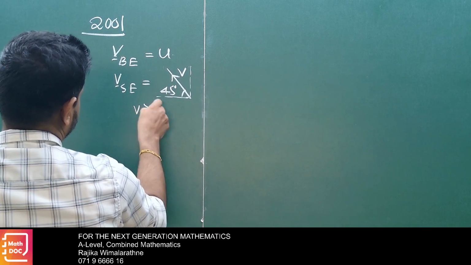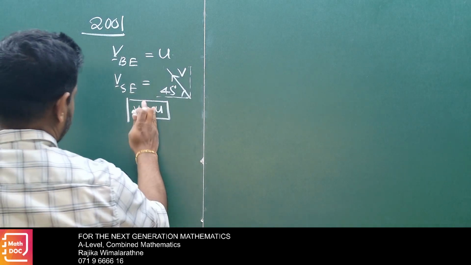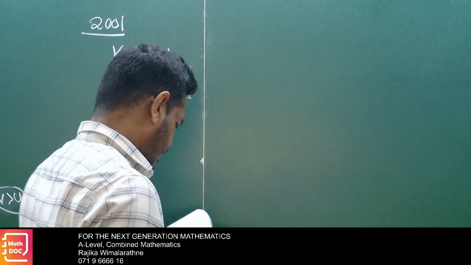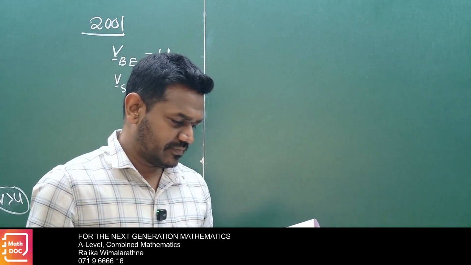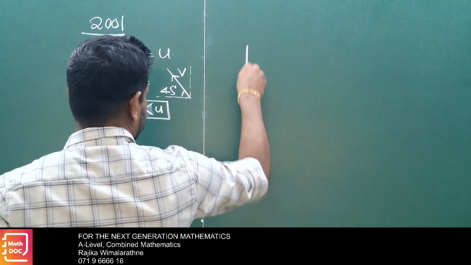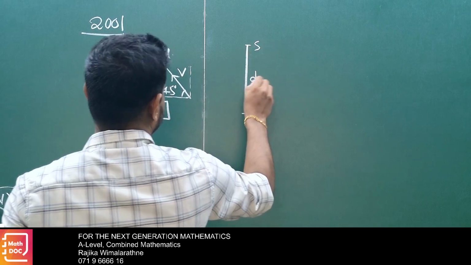Here v is given as less than u. Initially, the ship is located at a distance d north of the motorboat. Here boat, here ship, distance d.